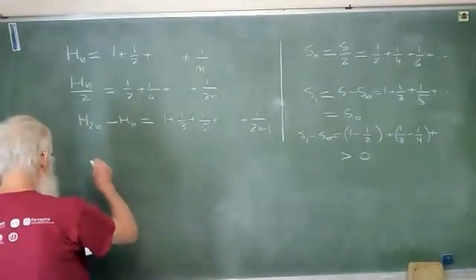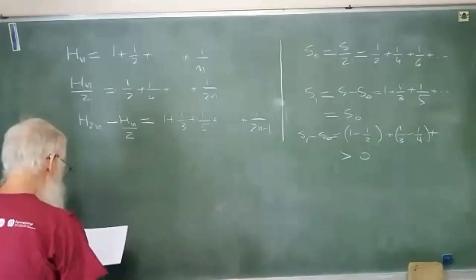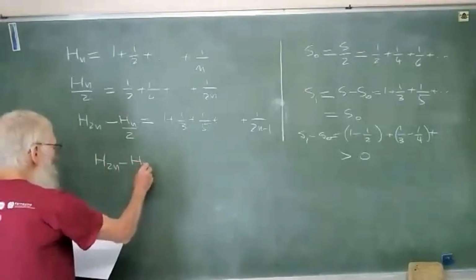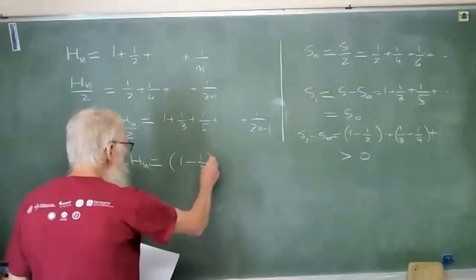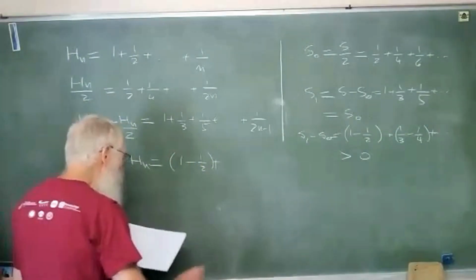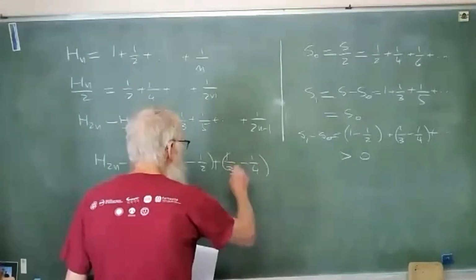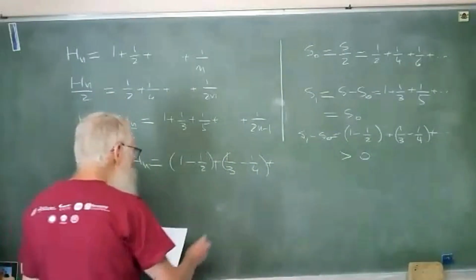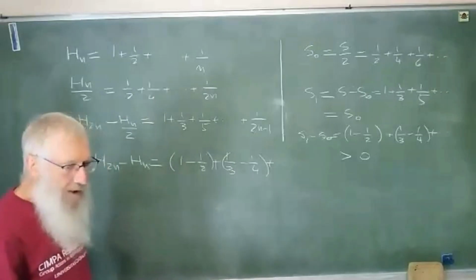So excuse me, this is H2n minus Hn over 2. And so H2n minus Hn is 1 minus 1/2 plus 1/3 minus 1 over 4. You see, it's similar to that, but we have a finite sum, which is here.